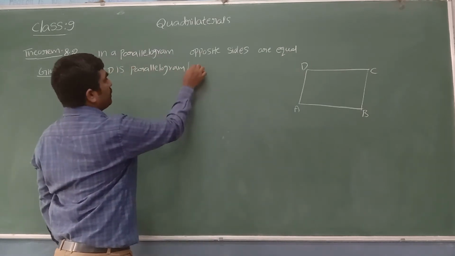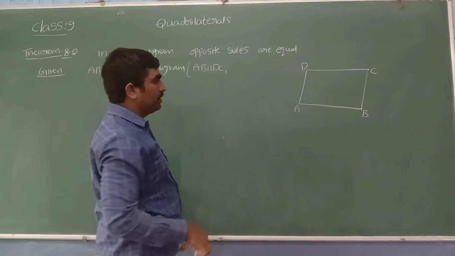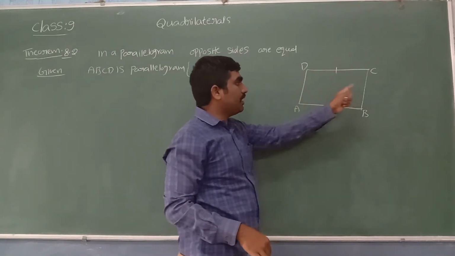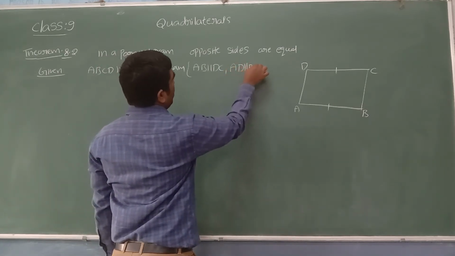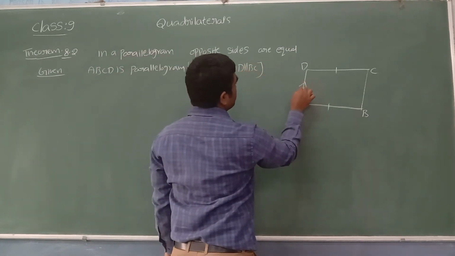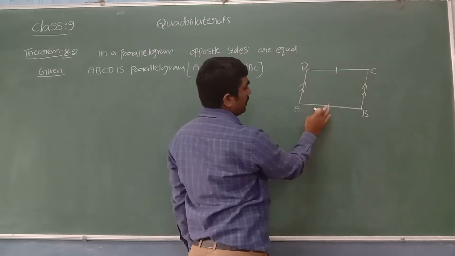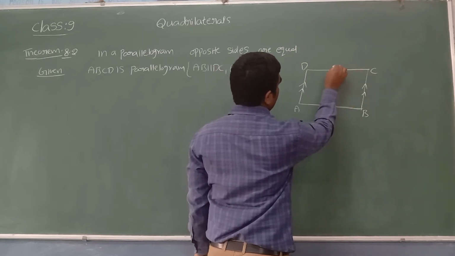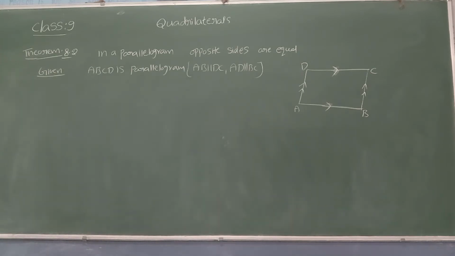Means AB's opposite side is DC, so AB is parallel to DC. And the other side is also parallel: AD is parallel to BC. Sorry, this is not the symbol of parallel, but we can represent parallel this way. Yes, a parallelogram means two pairs of opposite sides are parallel.